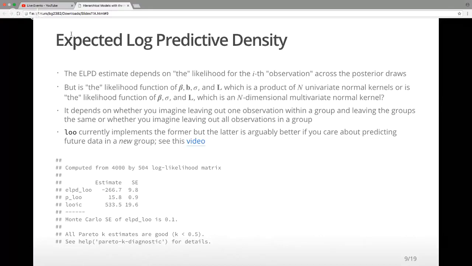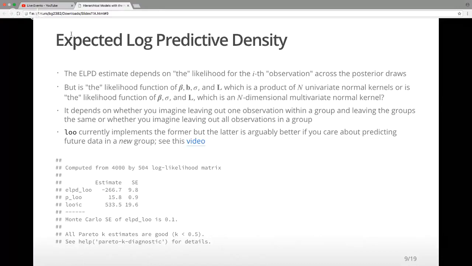But in multi-level models, there's a question of which likelihood you want to use. Is it the likelihood function of beta, b, and everything else together, which would be the product of n univariate normals? Or is the likelihood just beta, sigma, L, etc., with the b's integrated out, which is the likelihood that frequentists use when they're doing maximum likelihood estimation. Either of those is legitimately a likelihood function, so you have to choose which one you want in order to calculate the ELPD.